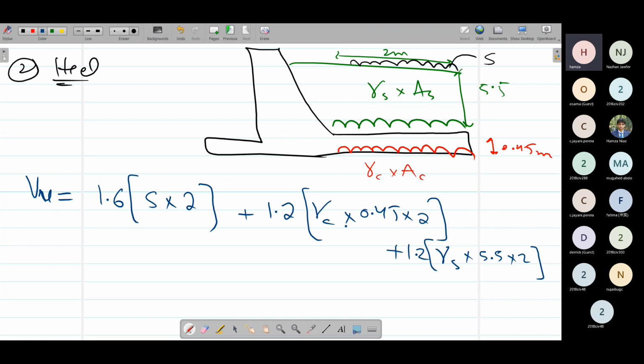This way we can calculate the total shear force acting on the heel.